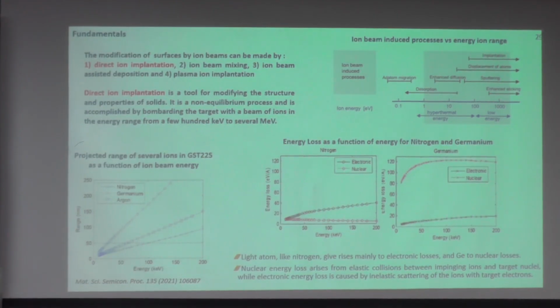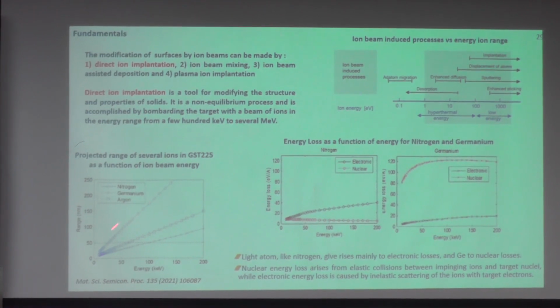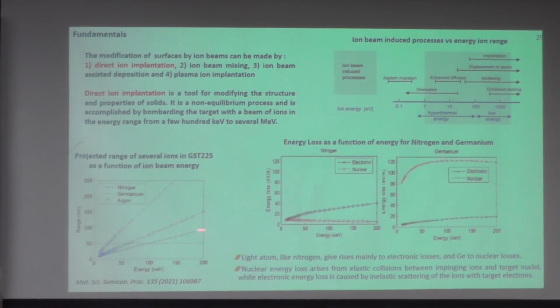Here is the penetration depth of nitrogen, germanium, and argon. Nitrogen is the lightest element of these, and we can see that it can go into the GST 225 to a high depth. Germanium does not go so far into the solid.